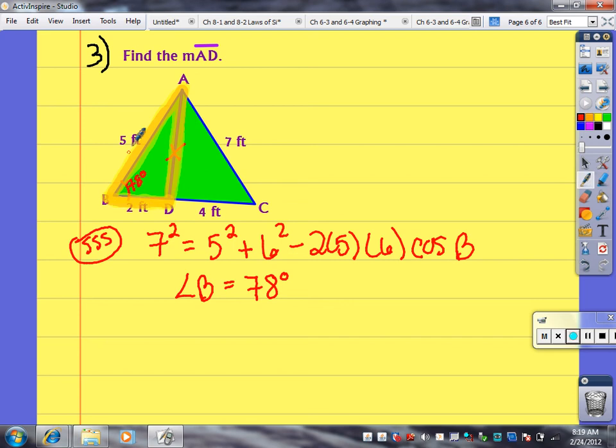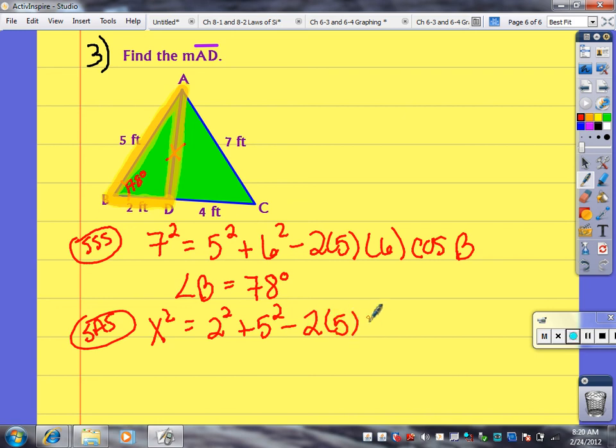So we have a side, an angle, and a side. So I can do the law of cosines again, and I can just solve for x. Okay? So it would be x squared equals, doesn't matter what order, 2 squared plus 5 squared minus 2 times 5 times 2, cosine of 78 degrees.